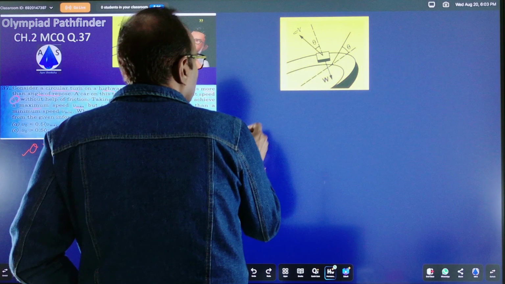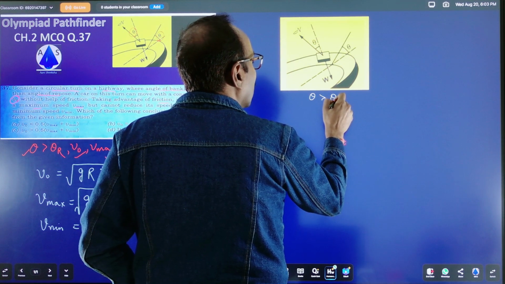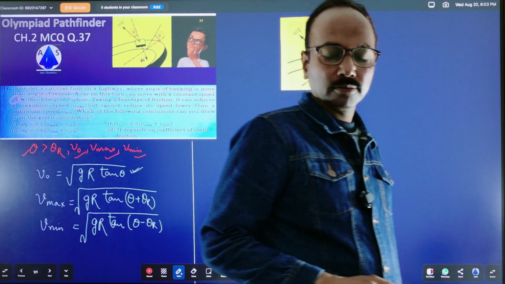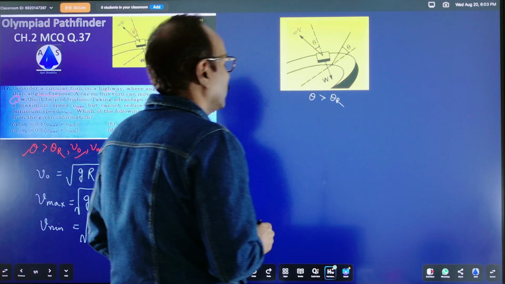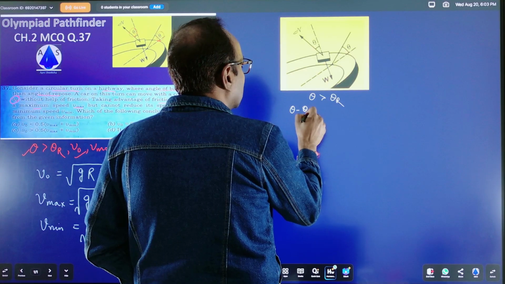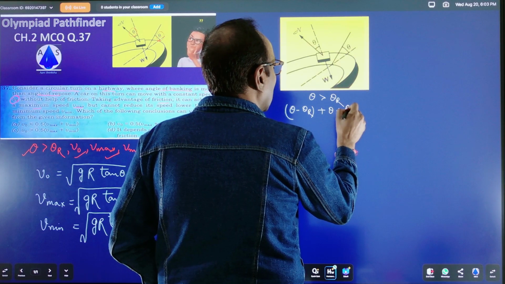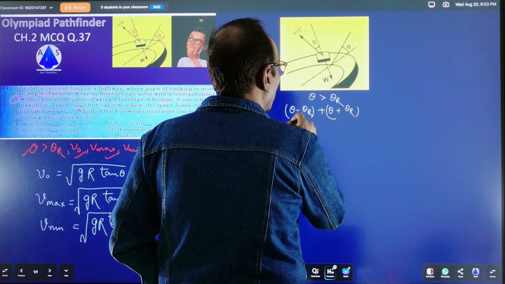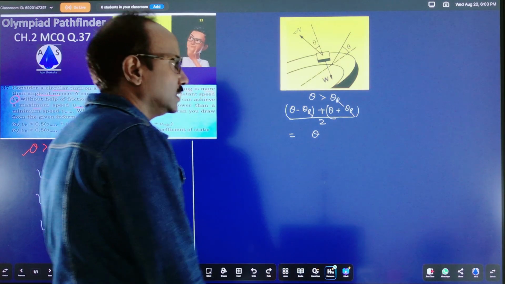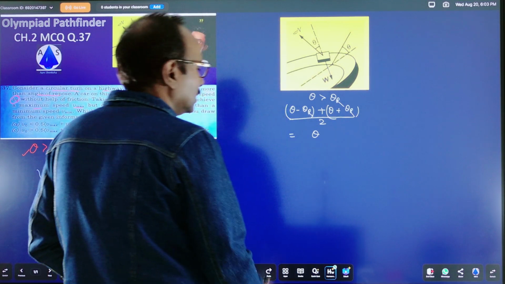From the question it is given theta is greater than theta r. If you add theta minus theta r and theta plus theta r and take the average of these two, theta is the mid angle between theta minus theta r and theta plus theta r.